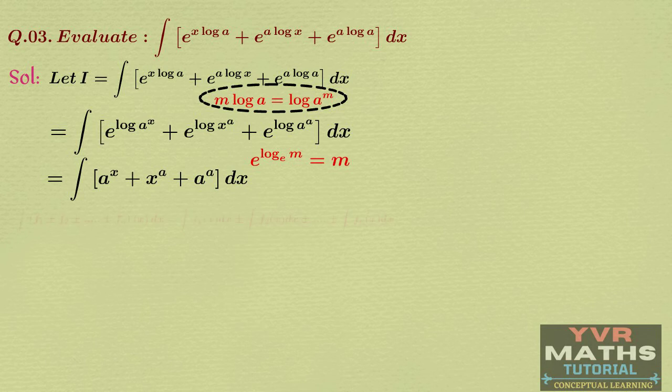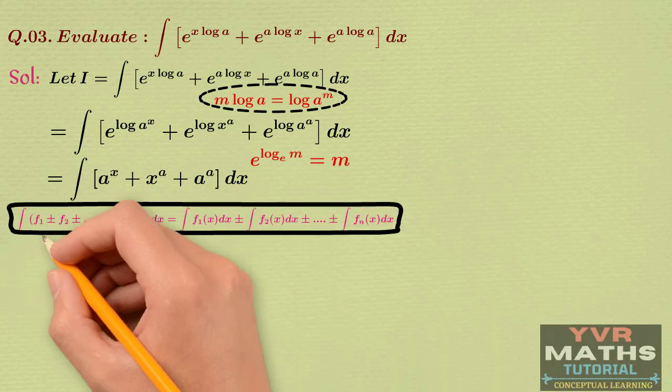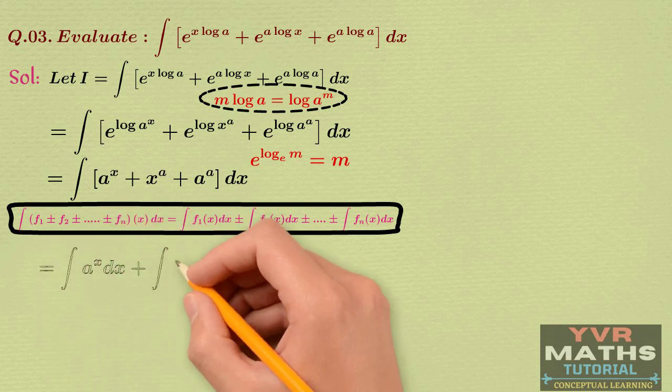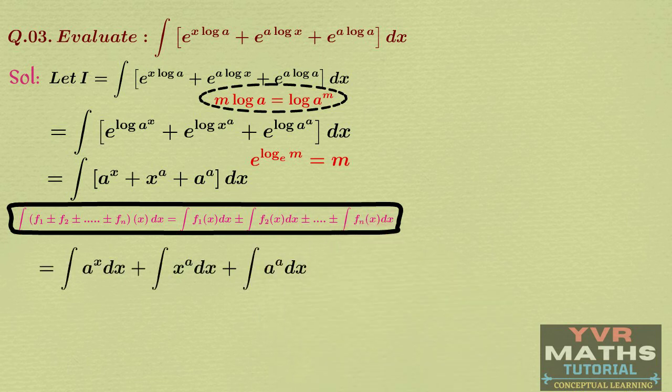Now, by using basic properties from the indefinite integrals, I am going to apply individual integrals for each and every term by using this property. That is equal to integral a^x dx plus integral x^a dx plus integral a^a dx. Now, by using one more property from the indefinite integrals, see this property.